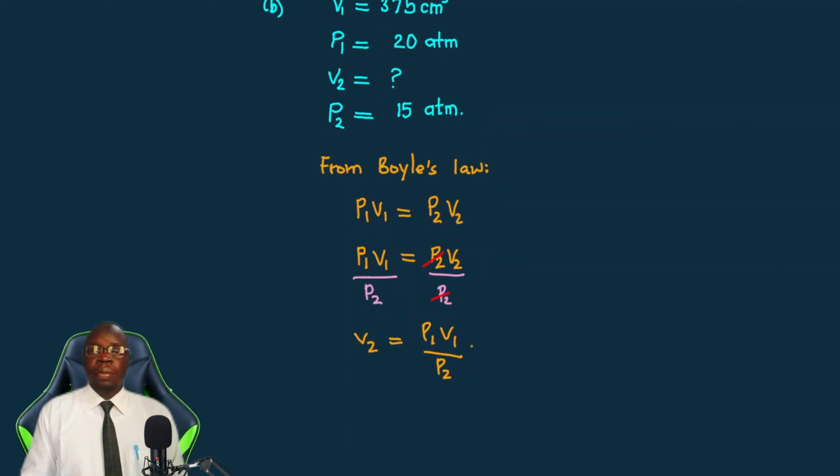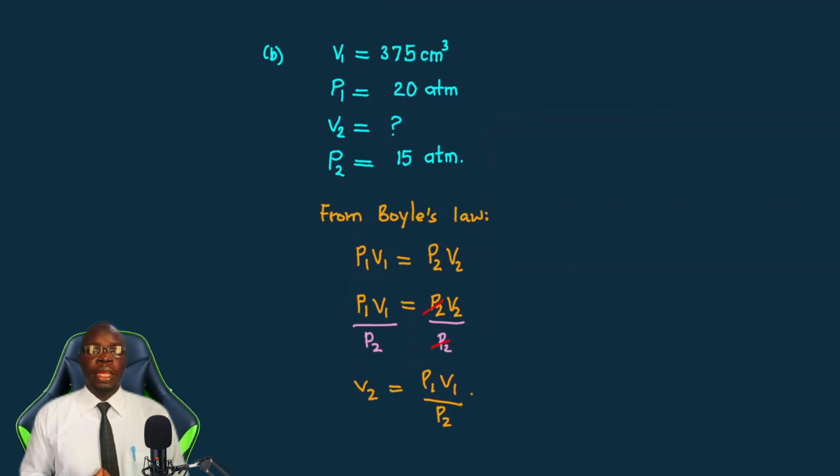Now at the same time, you find some people making the calculation together with the units. I think that is somehow tiresome, but in this question, let's work with the units and see how we can end up getting the same unit that is required as volume. And in our next example, we shall work with only numbers, without the units involved, and simply insert our unit at the end of our working.